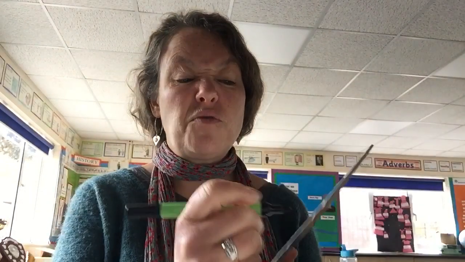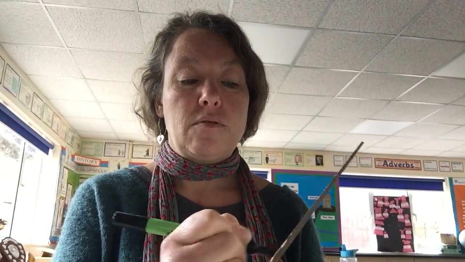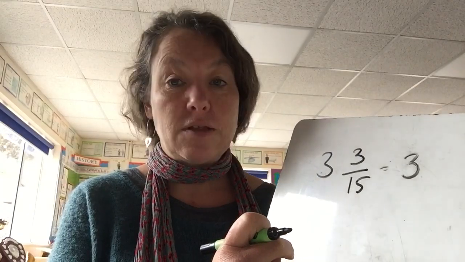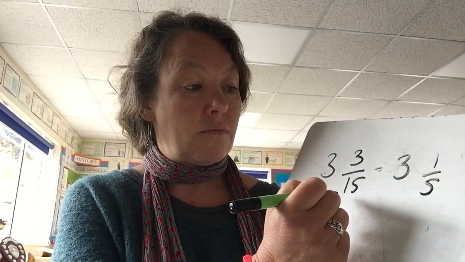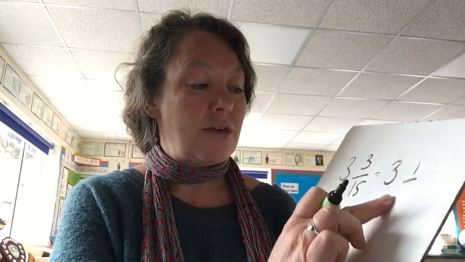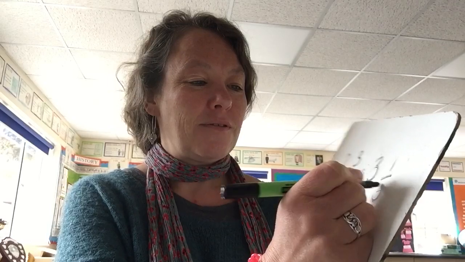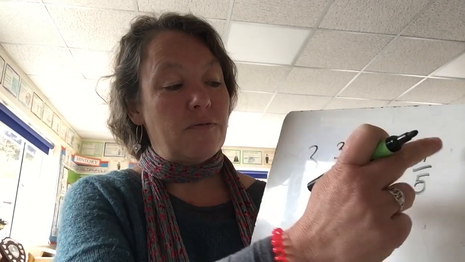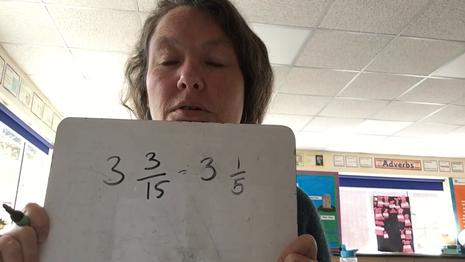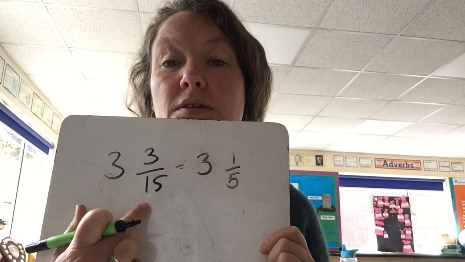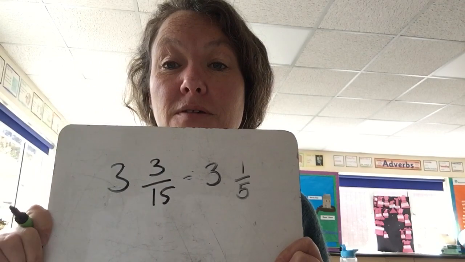So it's still 3, but you can simplify 3/15, can't you? So that would be 1/5, because you can divide them both by 3. 3 divided by 3 is 1, 15 divided by 3 is 5. Okay, so if you end up with an answer that can be simplified, do simplify it.